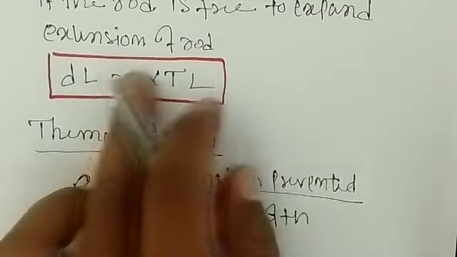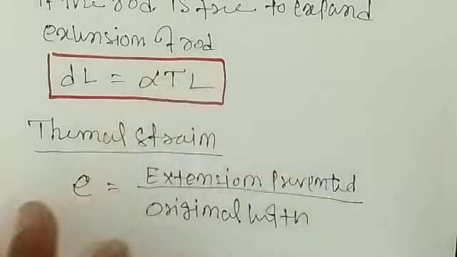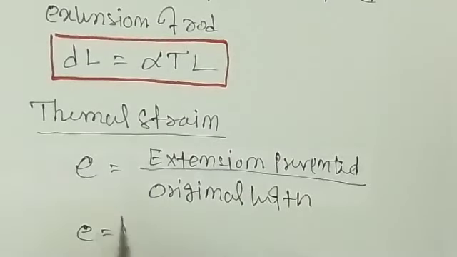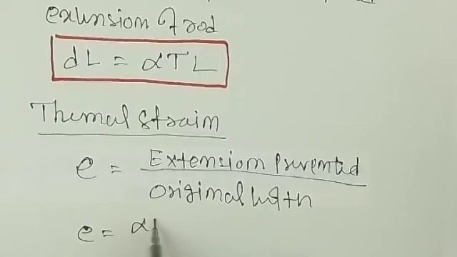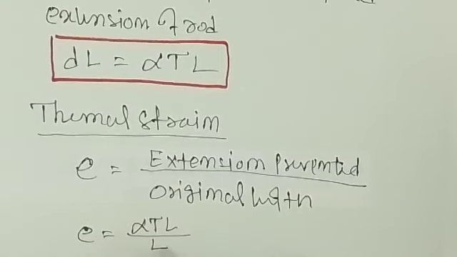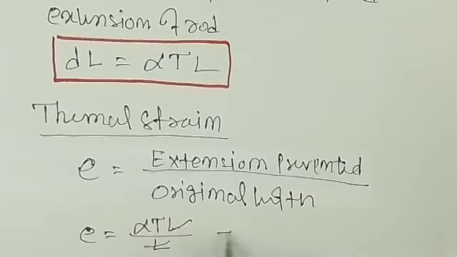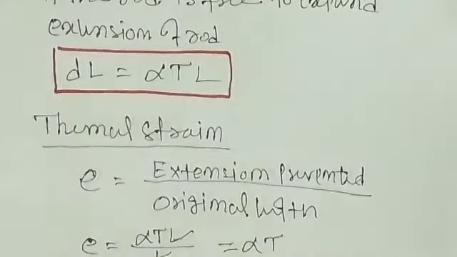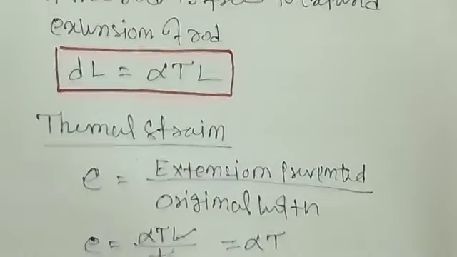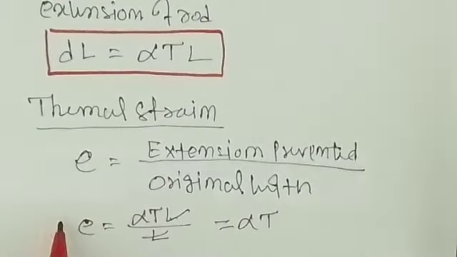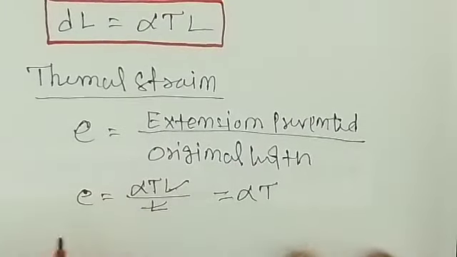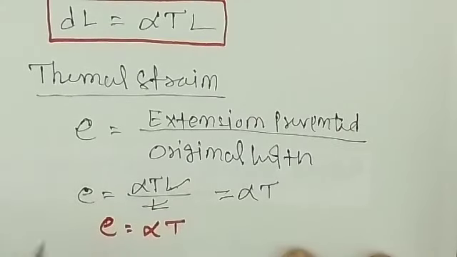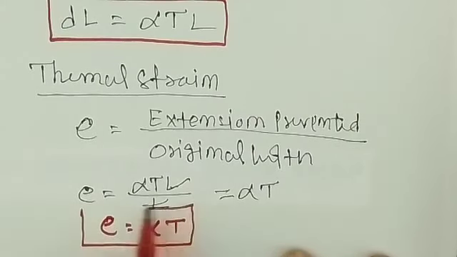The extension prevented is nothing but the extension of the rod, alpha TL. So epsilon is equal to alpha TL by L. The L cancels, so the thermal strain is nothing but alpha into T. This is the formula we got for thermal strain.